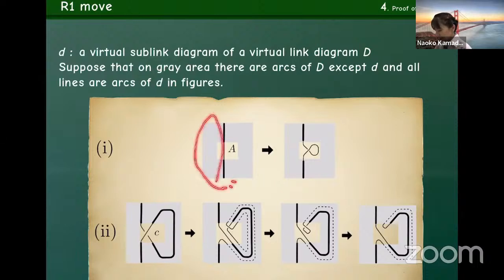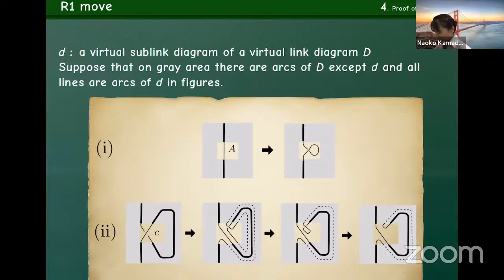In the other area there are arcs of other sublinks of D. And we just apply the Leitmeister move, R move, VR move or WR move for the sublink diagram D.